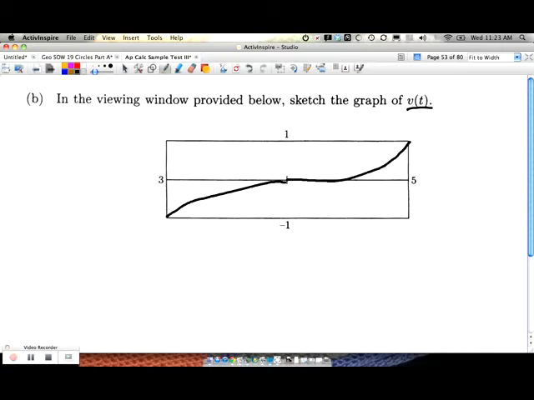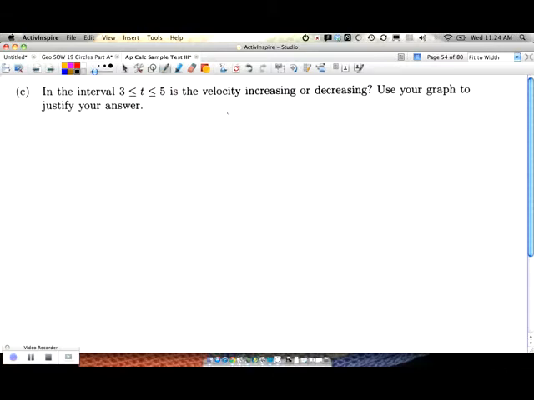Close enough. Part C. In the interval 3 to 5, is the velocity increasing or decreasing? Use your graph to justify your answer. This is kind of a weird trick question because it's asking us, is the velocity increasing or decreasing? So it's saying, is the slope of v of t increasing or decreasing?